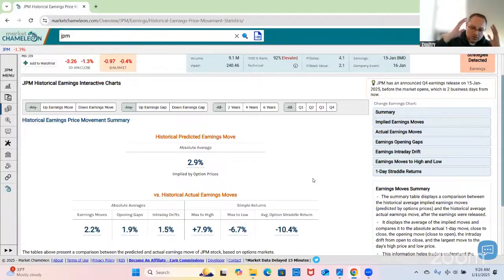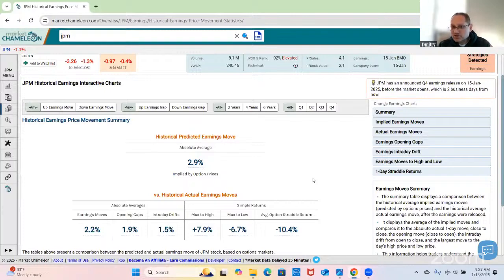In other words, from the historical observations that we looked at, if you bought $1,000 worth of premium each time in straddles, call and put, you invested $1,000 each time in premium, well, on average, you would have lost 10.4%, a little bit over $100, on all these.